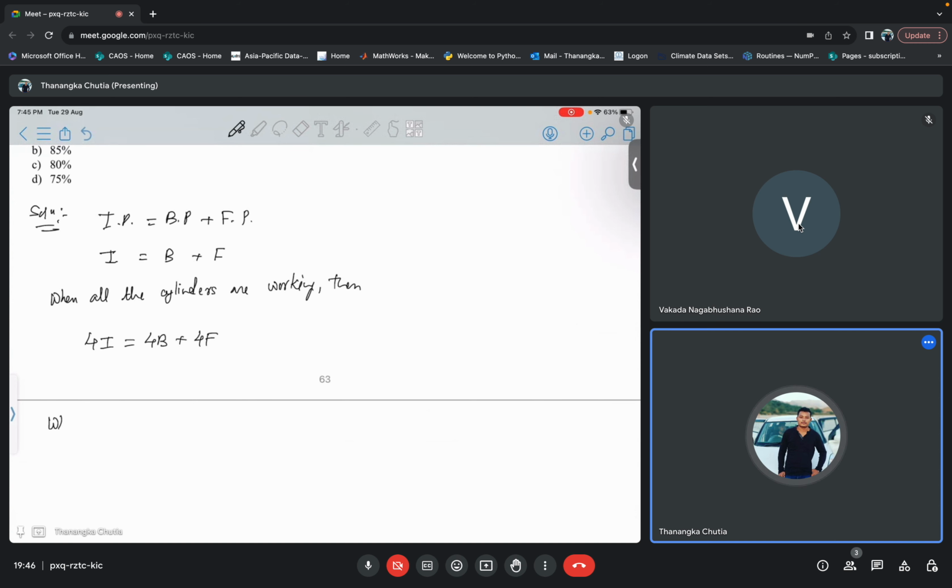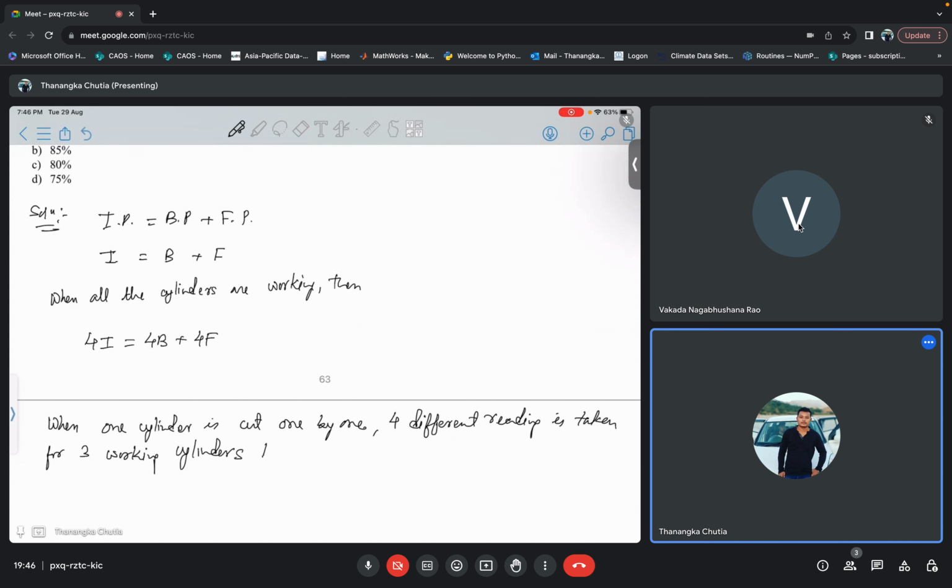Now when one cylinder is cut off one by one, then 4 different readings are taken, for 3 working cylinders, and then the average value will be 3B is equal to 3b1 plus 3b2 plus 3b3 plus 3b4 divided by 4.